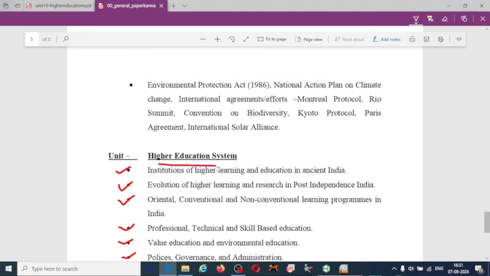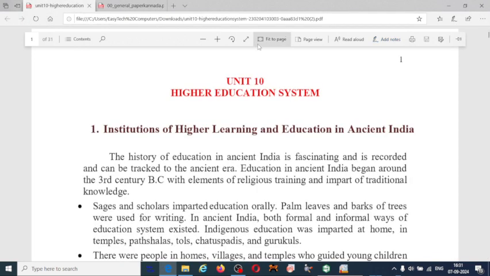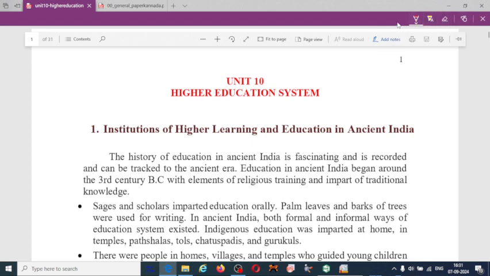So let us start the topic, or the unit from the general paper, higher education system. This is the last unit of the given syllabus. Here I am going to start with the institutions of higher education, learning and education in ancient India.